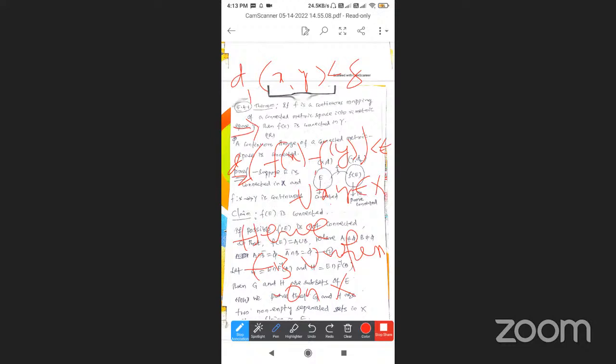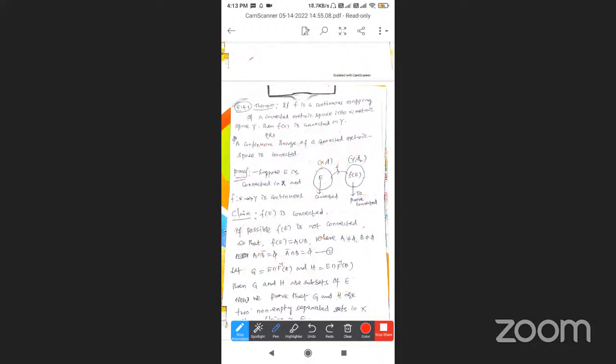In the previous part, f is continuous from X to Y, and if X is compact, then f of X is also compact. Now the reverse: f is a mapping from X to Y, X is connected, then f of X is also connected.